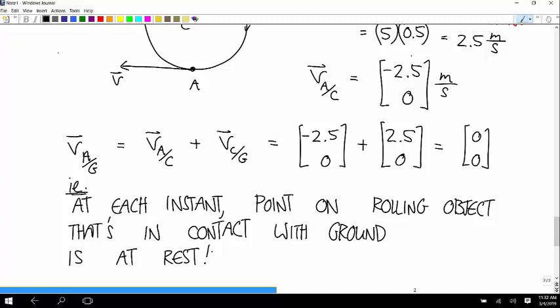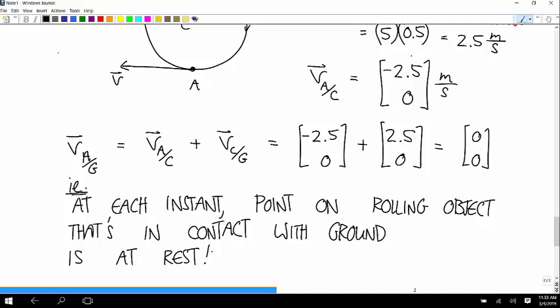So this just has to be the case. Anything that's rolling, at the instant the point is in contact with the ground, has 0 velocity. At the next instant, 0.001 seconds later, it'll have moved away from the ground, and then it'll have a non-zero velocity.